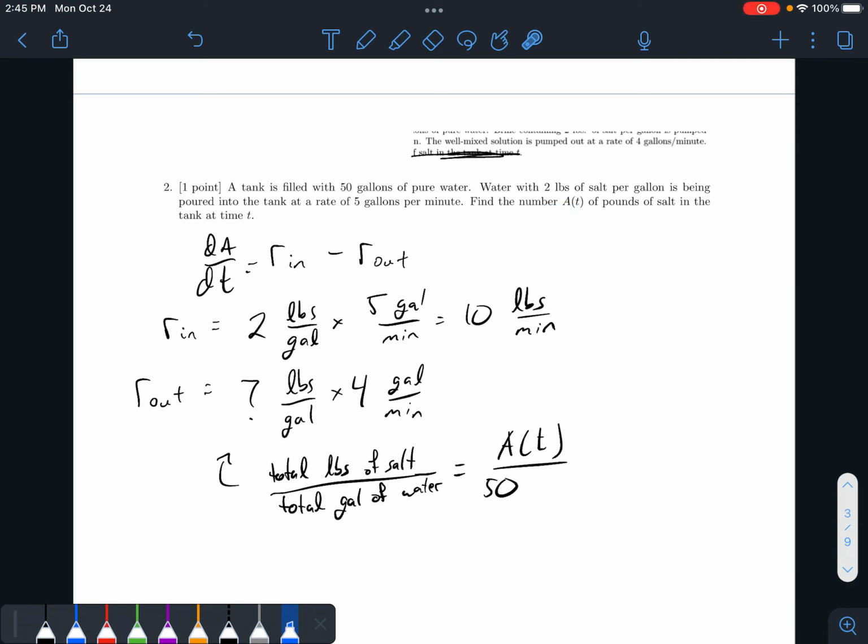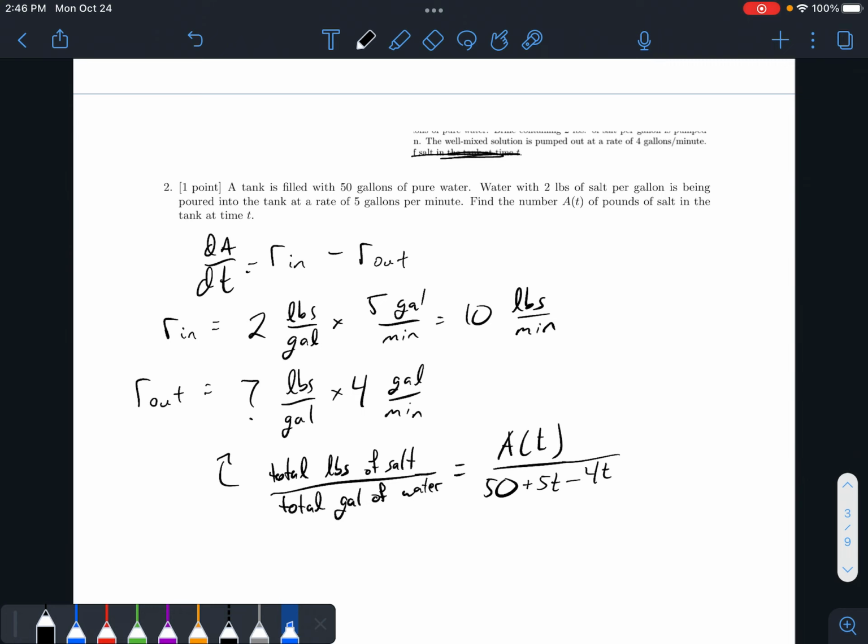Okay, so we're adding 5 gallons per minute, and then we're pumping out 4 gallons per minute. So each minute we add 5t gallons, and we pump out 4t gallons.